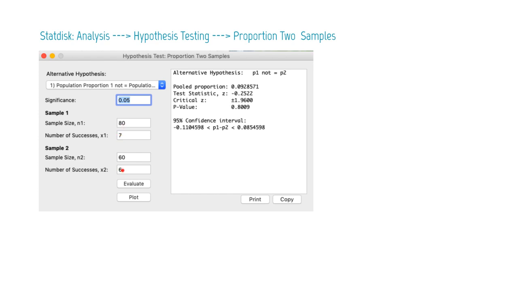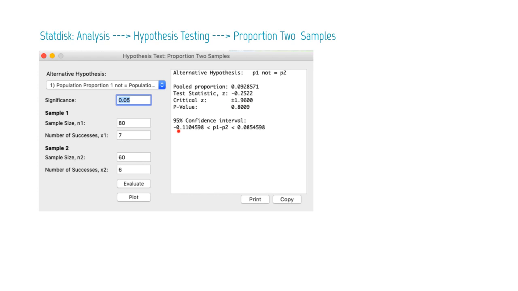And this number here can't be too close to 60 and it has to be more than 5. So make sure if you get an error, it's probably because these numbers are not big enough or maybe they're too big. But when I go ahead and evaluate this information, you can see here's my test statistic of negative 0.25, and then here's my p-value of 0.8009.